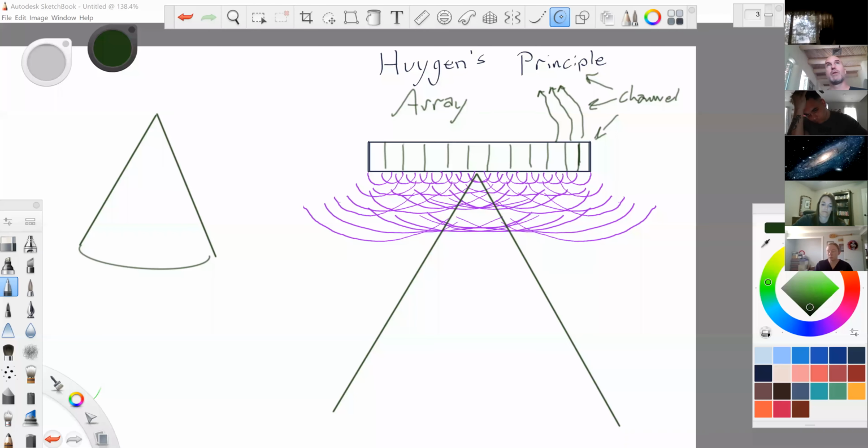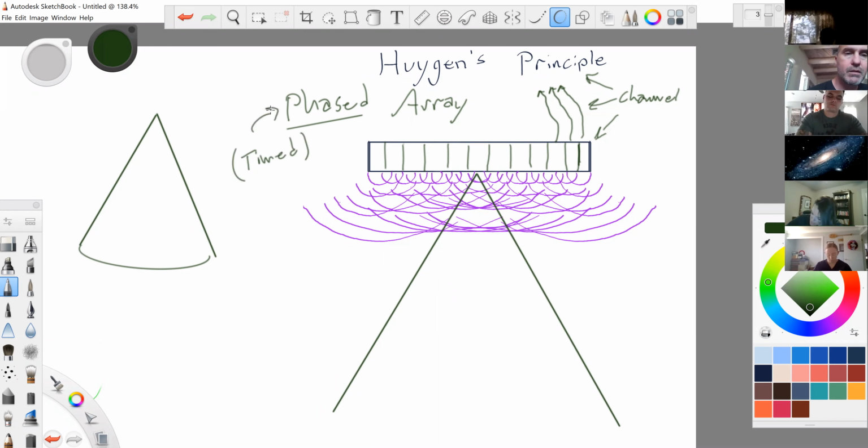So this one that we're describing now is a phased array. Phased simply means that's basically the same as saying timed or timing of the elements.